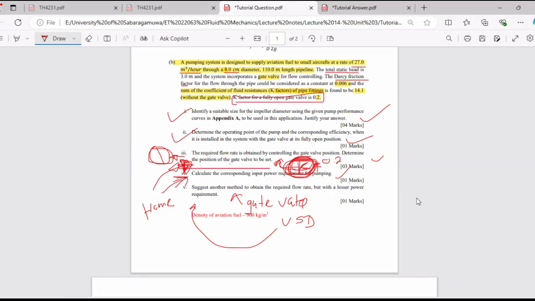Okay, got that point? Is it okay? You can tell me if you require any clarifications regarding this.